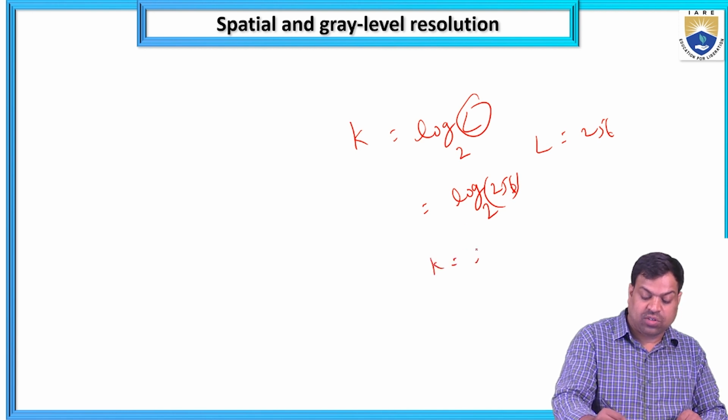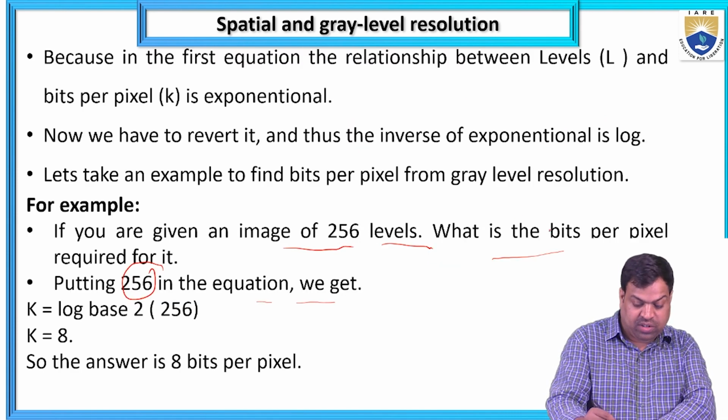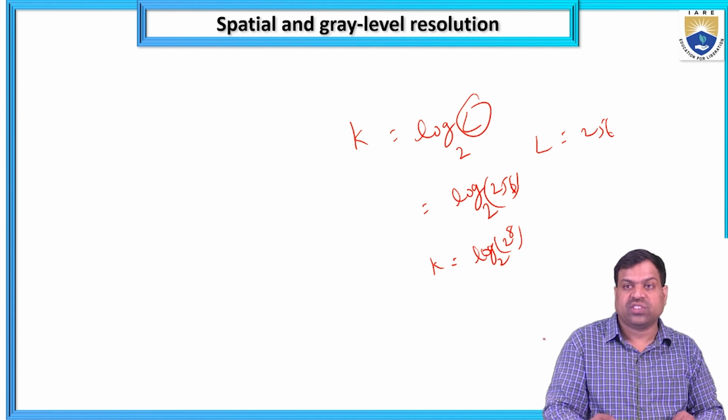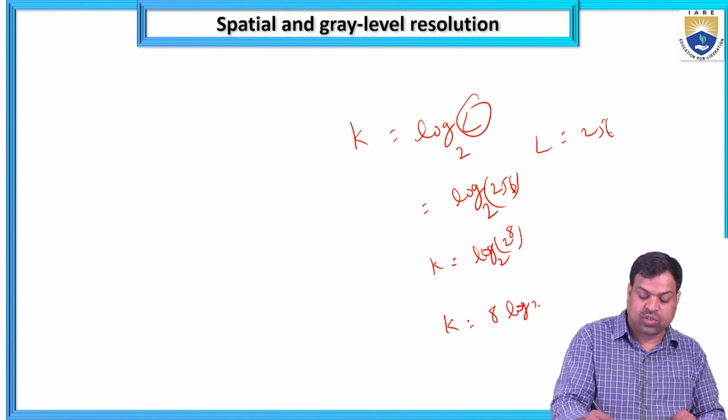k equal to log base 2 of 256. What is the 256 value? 2 power 8. So 2 power 8 equal to 256. Log 2 of 2 power 8 equals 8 log 2 base 2. Here log 2 base 2 equal to 1.